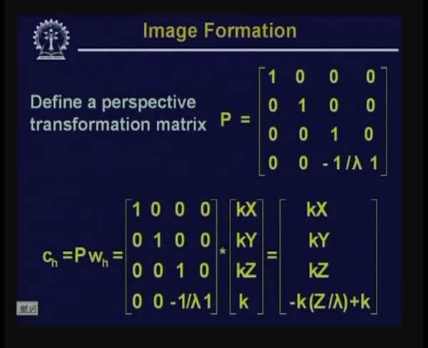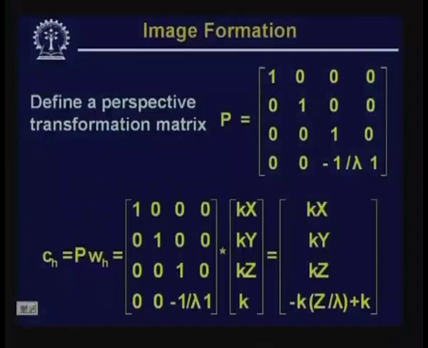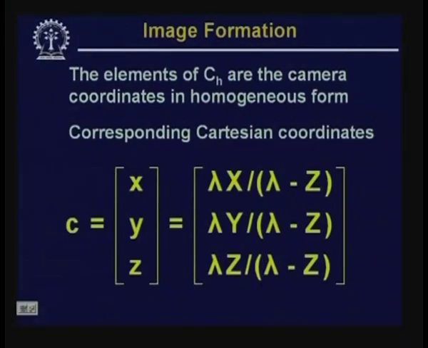And you will see that if I convert this homogeneous camera point, the homogeneous image point, into the corresponding Cartesian coordinate, then this conversion gives us the Cartesian coordinates of the image point as x, y, z equal to lambda x divided by lambda minus z, lambda y divided by lambda minus z, and lambda z divided by lambda minus z.